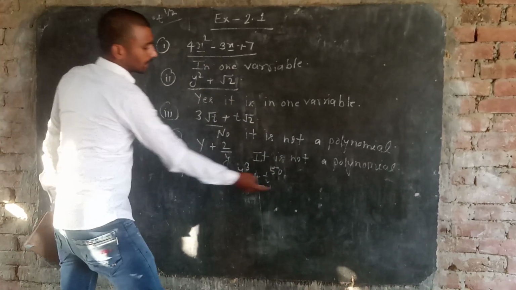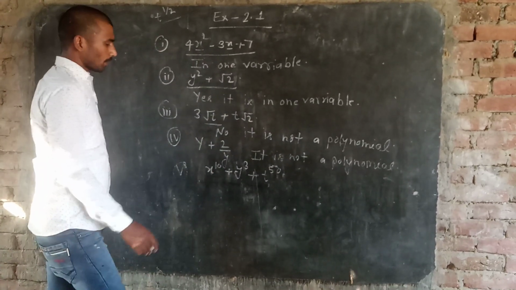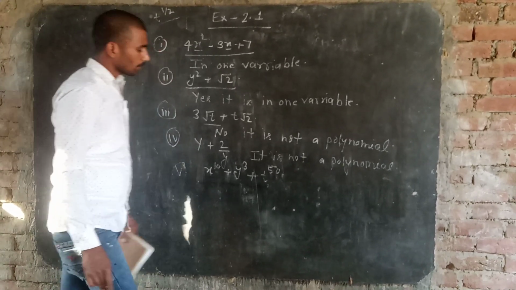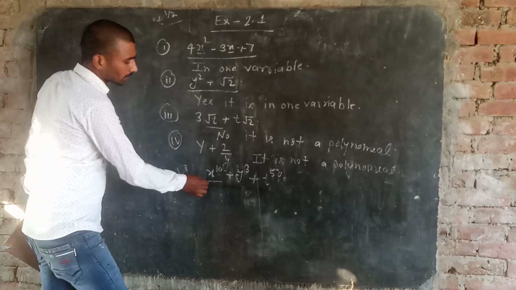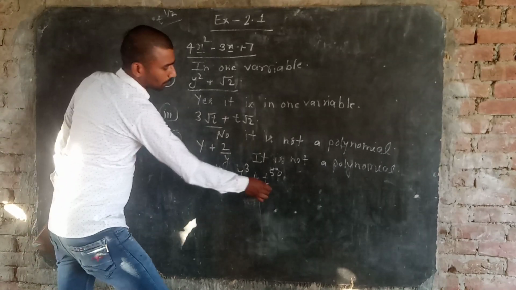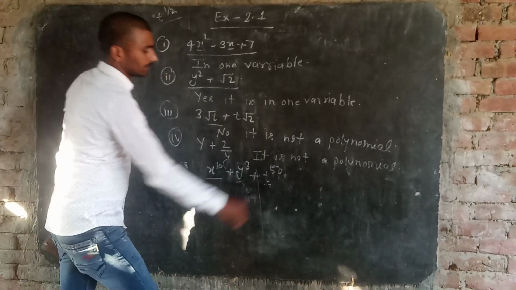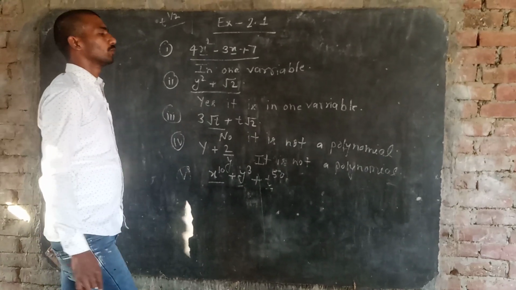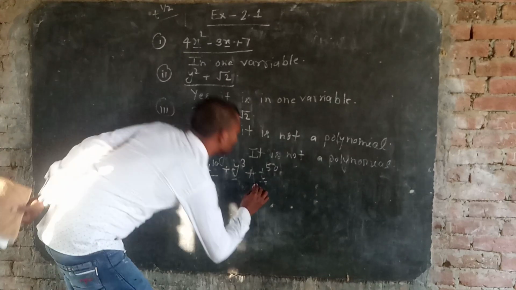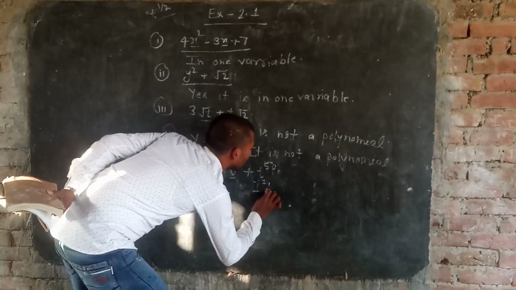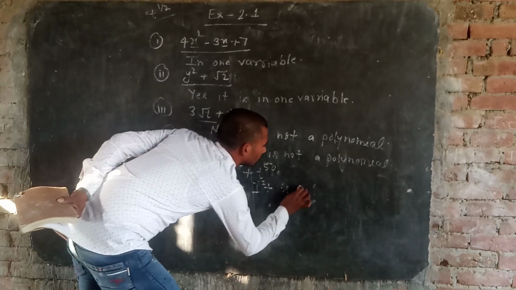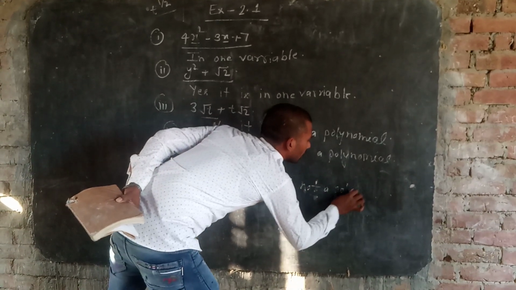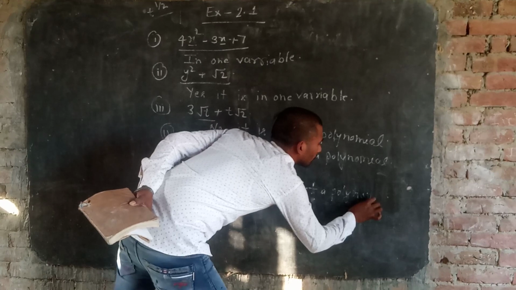Here there are three variables, x power 10, y power 3 and t power 50, that is x, y and t. Here there are three variables, so it is not a polynomial in one variable.